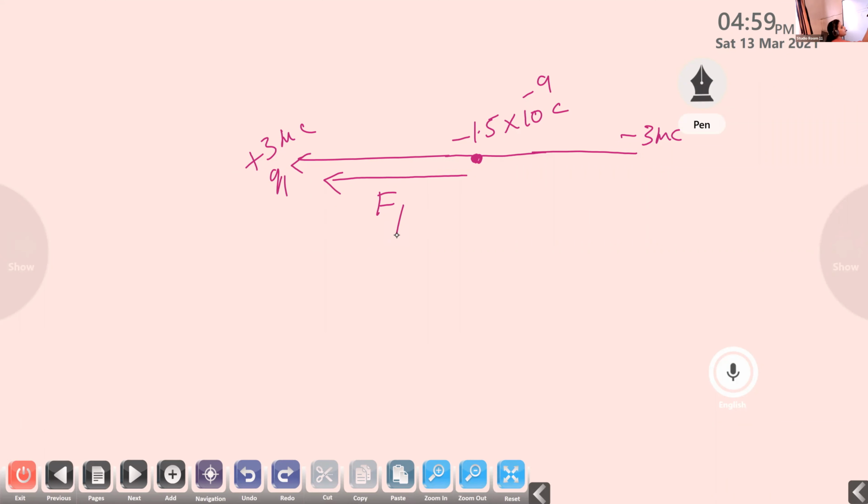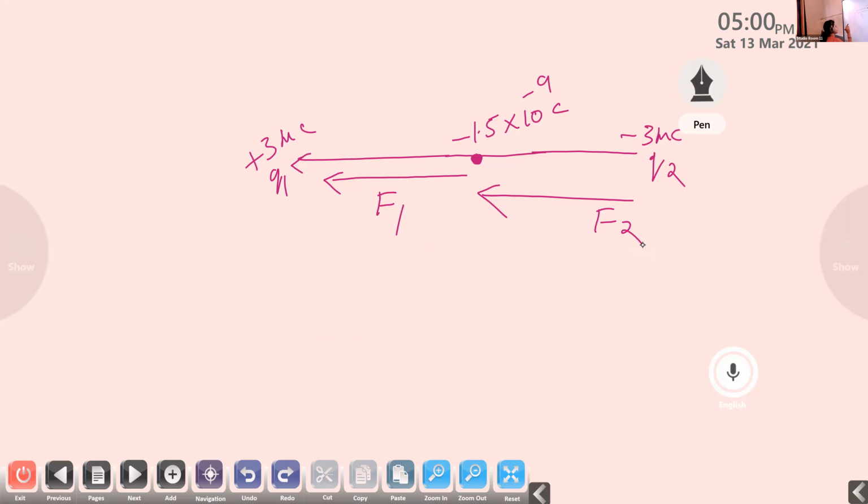Similarly, what force is experienced by the test charge due to Q2? Repulsion, and it is also directed in the same direction because the test charge is repelled by Q2. So F1 and F2 are along the same direction.